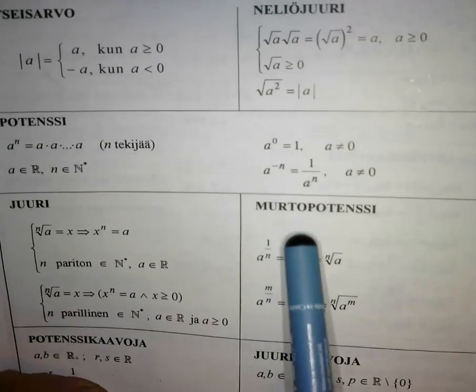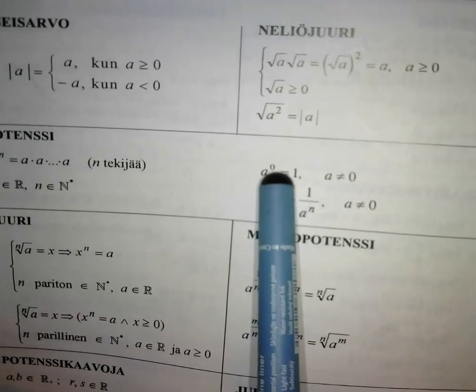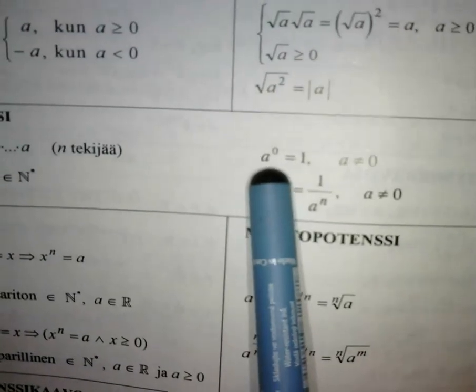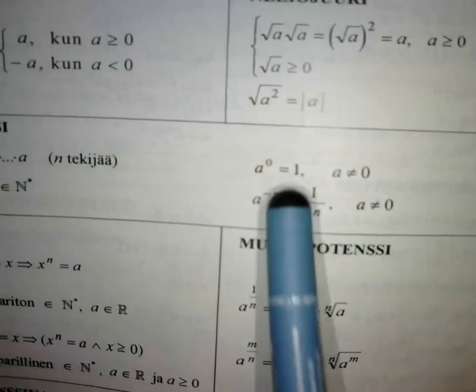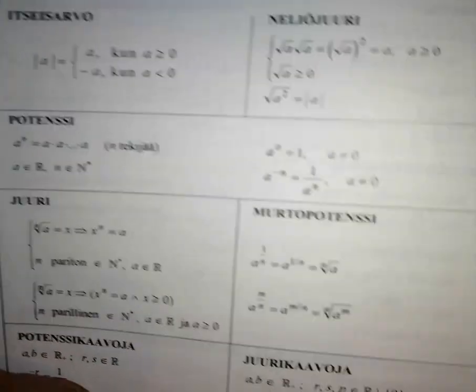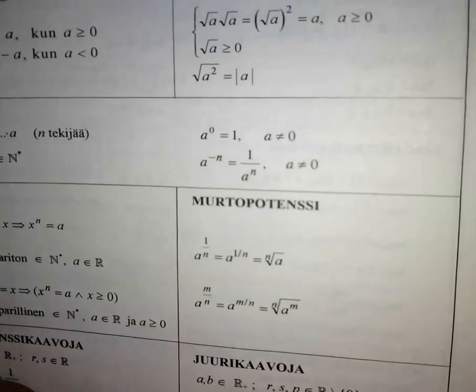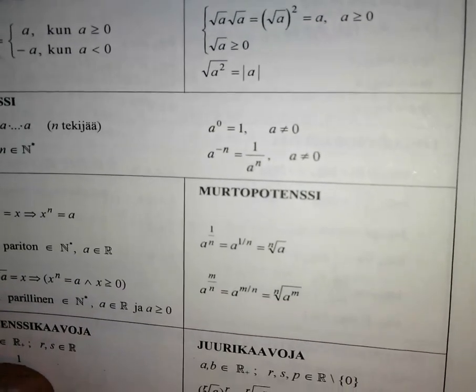But it is important to notice that if you have the exponent of 0, for example a to the power of 0, it equals 1. So whatever number is raised to the power of 0 becomes 1.